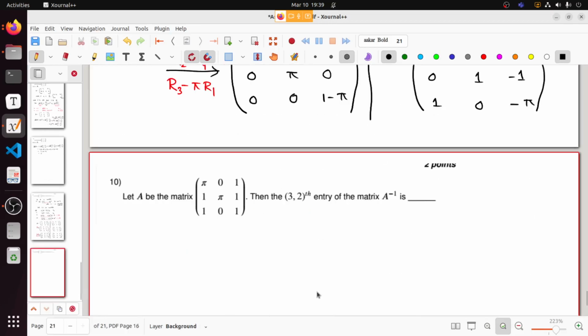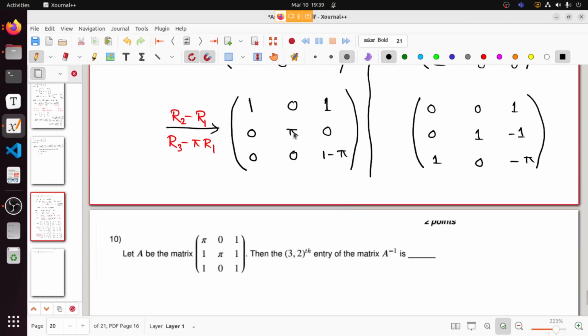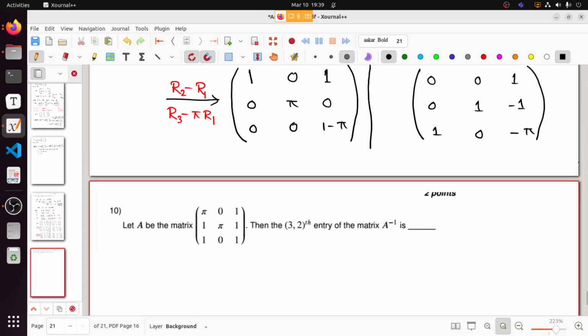So first column is in its row echelon form. Now again we have to make the second row second column entry to be 1. So what you will do, 1 by pi times R2, right?